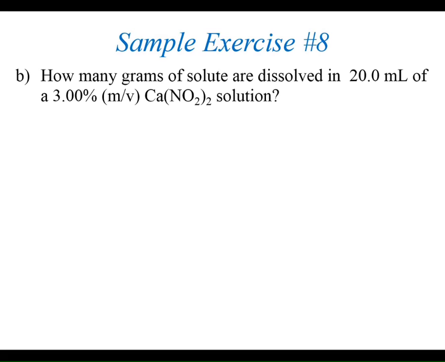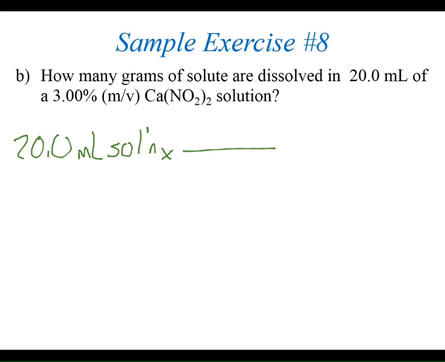I want to know how many grams of solute I need. So what goes first, 20.0 milliliters or 3.00%? 20.0 milliliters of what? The whole solution, right? I want 20 milliliters of the whole solution.